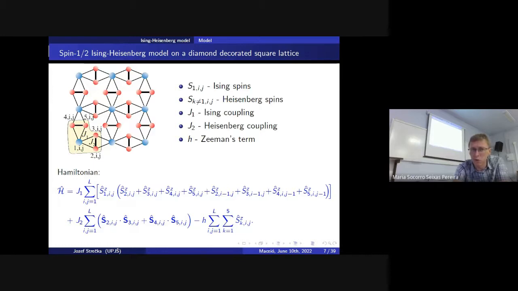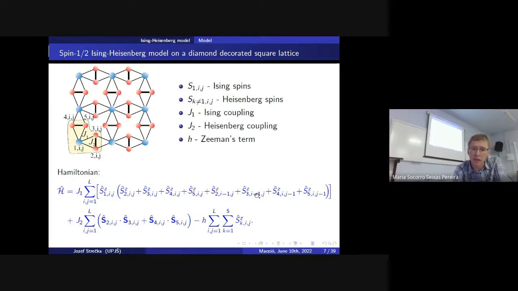So with the first model, we consider that the corners of the original square lattice are occupied by Ising spins, and on each bond of the original square lattice, we are placing a couple of Heisenberg spins. What does it mean? The coupling between these spins sitting on blue and red circles, J1, will just contain the Z projection of the spin operators.